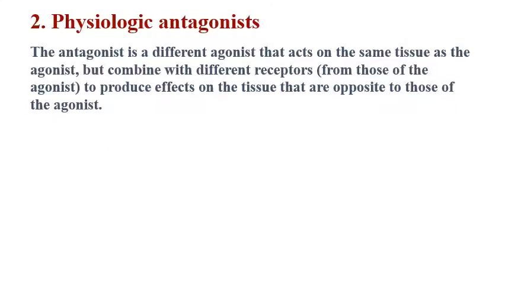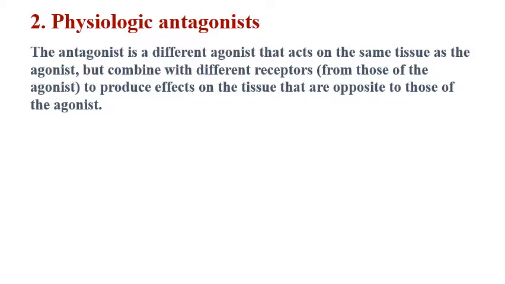Okay, so the second type of antagonism is the physiological antagonism. Physiological antagonism acts on the same tissue as the agonist, but combines with different receptors from those of the agonist to produce effects on the site that are opposite to those of the agonist.